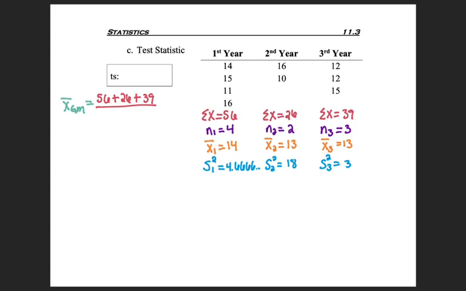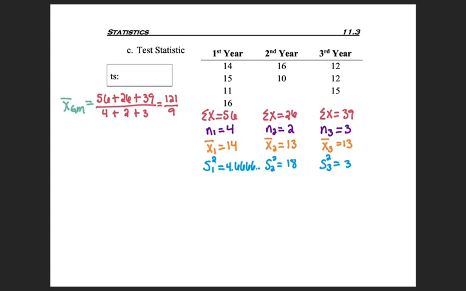Again, we know the count is 9 from the previous work, but we could say I'm going to take the count of how many items are in the first group, which is 4, the count of items in the second group, which is 2, and the count of items in the third group, which is 3. It's a little confusing that the second group had a count of 2 and the third group had a count of 3.